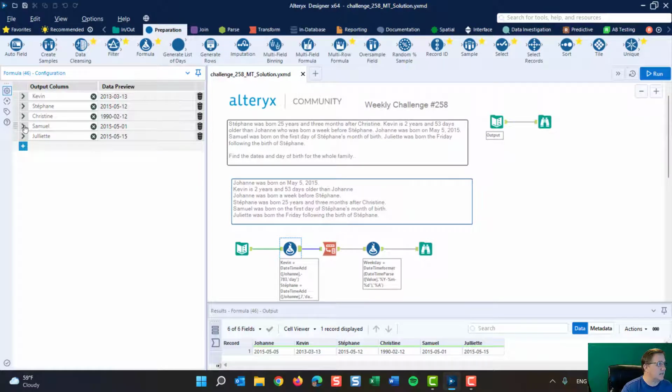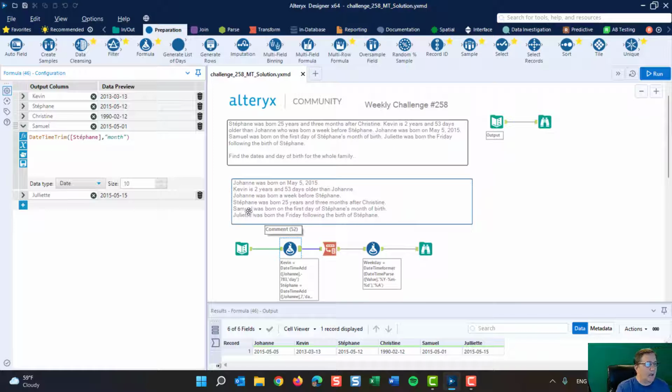Next up, Samuel. And we do something a little different here. What is Samuel? Samuel was born on the first day of Stefan's month of birth. Again, it's related to Stefan. So the formula we're going to use here is a date time trim. We're relating it to Stefan and trimming the date to the month.